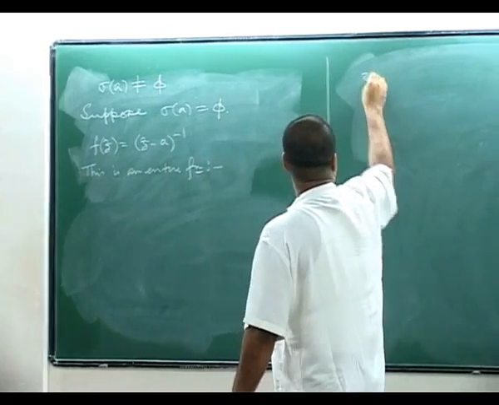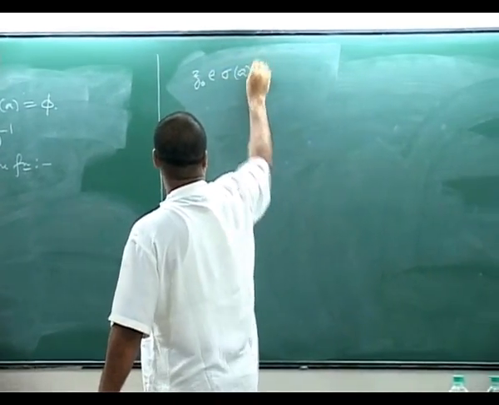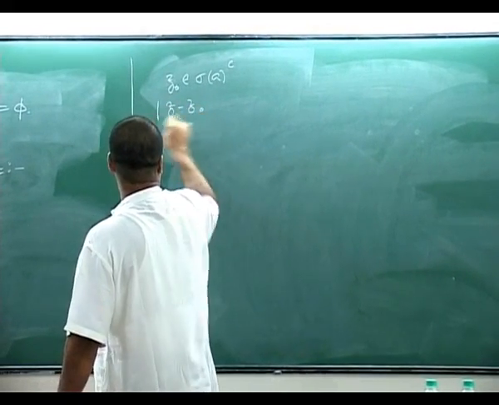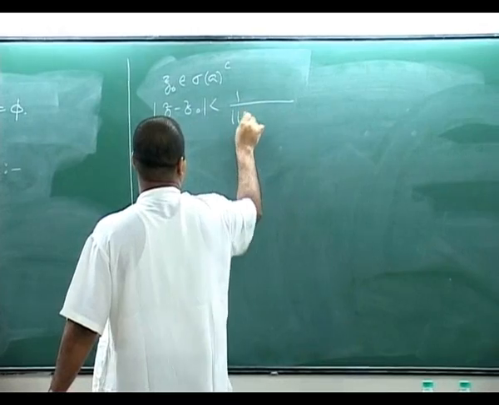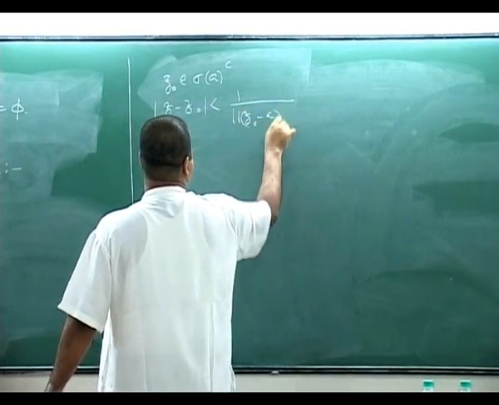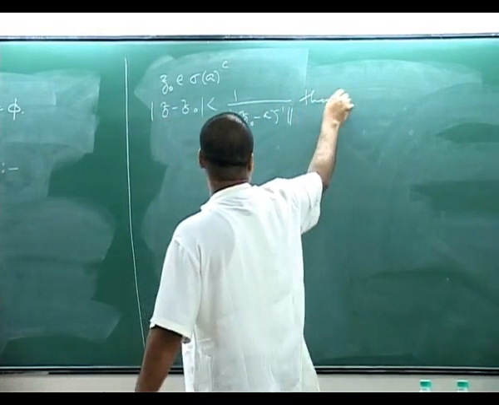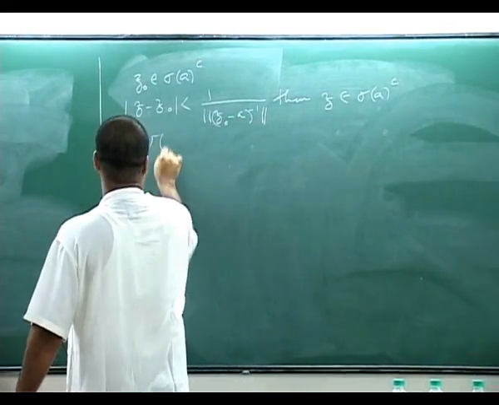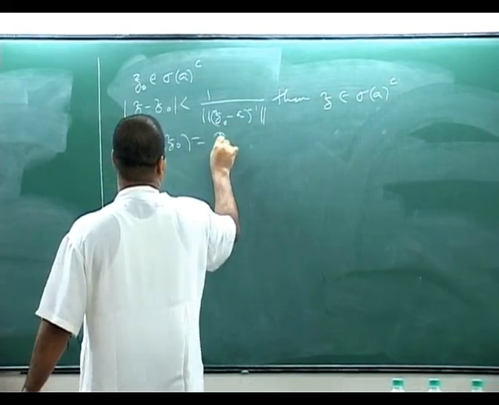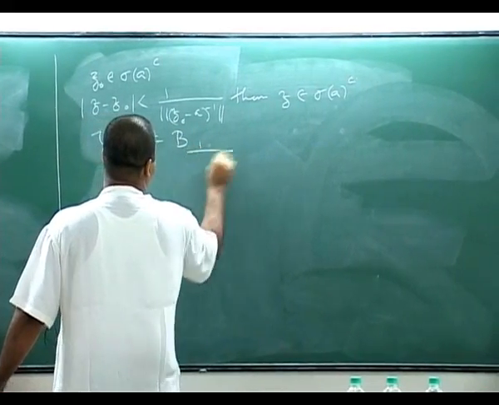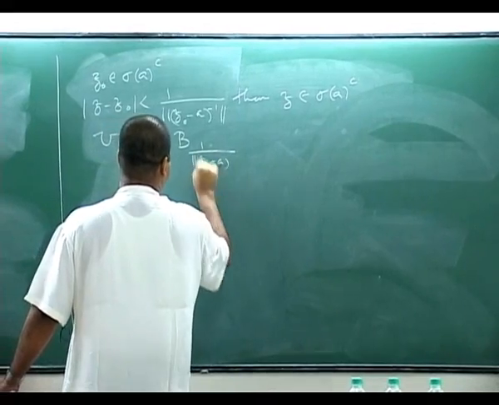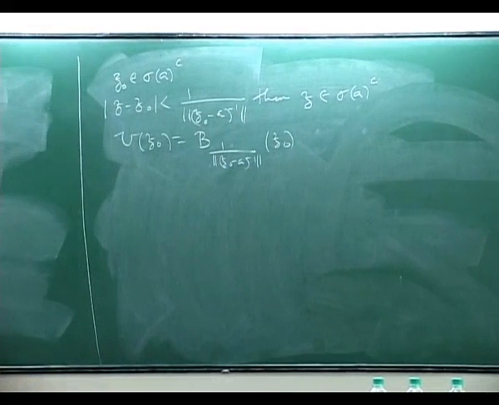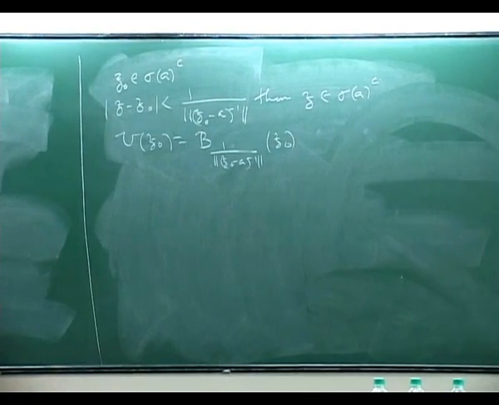Suppose z0 is here, and then we know that if |z minus z0| is strictly less than a certain radius, then we can consider u(z0), the ball of radius 1 by that, and on that we expand this (z minus A) inverse.